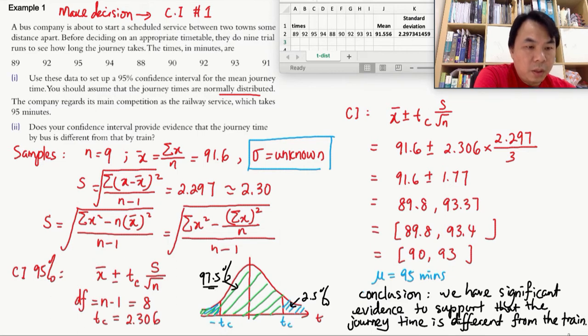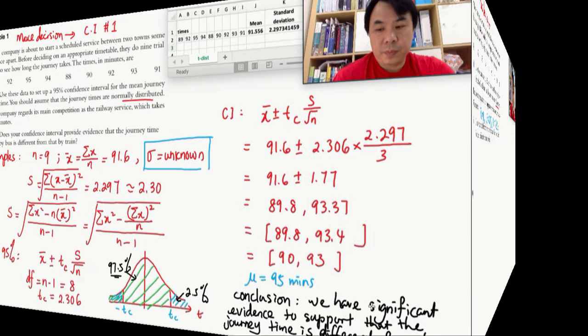So here I take a bit of a shortcut, please excuse me for my sentence here, right? Now what I'm trying to say is we have significant evidence to support that the journey time taken by the bus is different from the journey time taken by the train, right? So I hope that is clear for this first part, how to make a decision using confidence intervals.